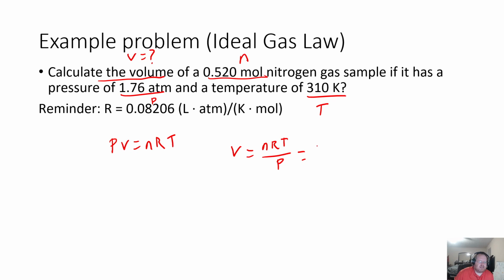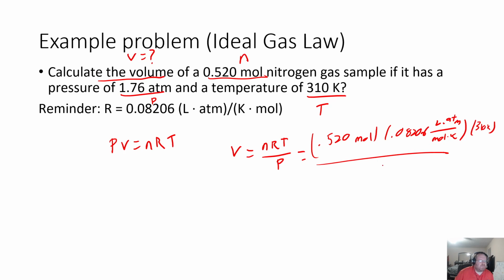So if I plug these in, this time they're already in the right units. We'll look at an example after this where they're not. We've got 0.520 moles. R is 0.08206 liters times atmospheres per mole Kelvin. Our temperature is 310 Kelvin. We divide that by our pressure, 1.76 atmospheres.